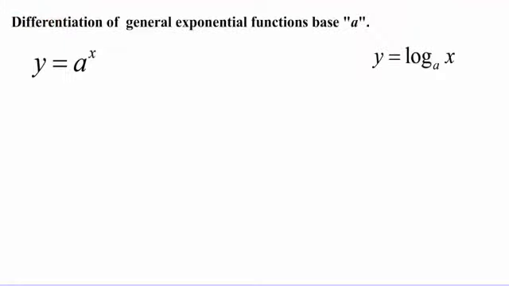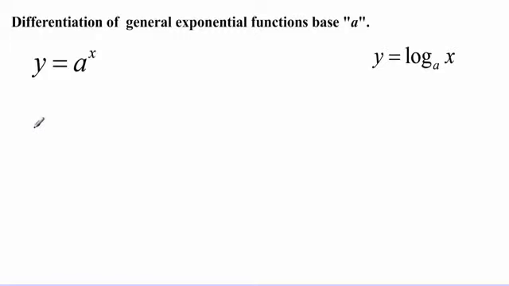So let's turn to the differentiation of a general exponential function base a. Again here, I'm not going to use first principles. I'm just going to use what we already know and exploit it to see whether we can get a derivative in an easier way. We now know the derivative of the natural logarithm function.